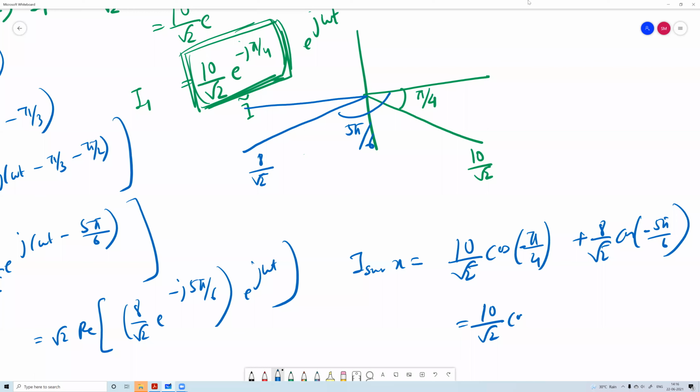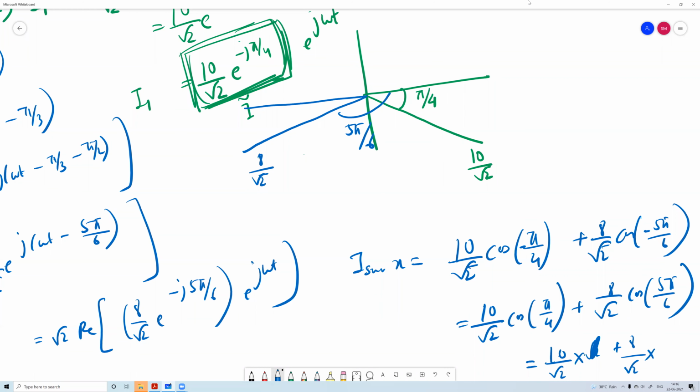And what will cos of 5 pi by 6 be? Minus root 3 by 2.